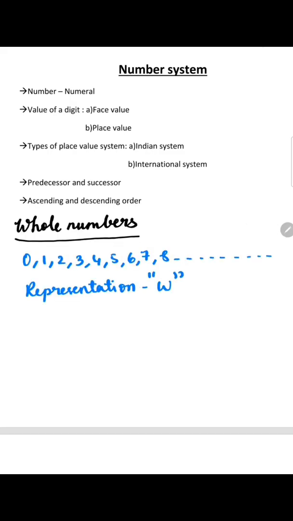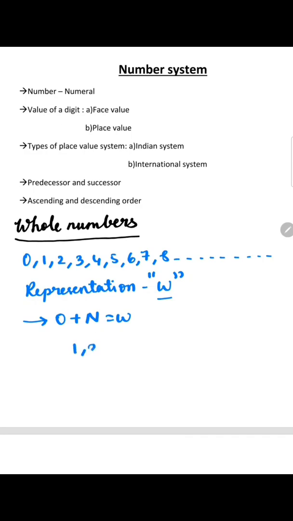So, the next topic that we are going to discuss is whole numbers. Whole numbers include 0, 1, 2, 3, 4, 5, 6, 7, 8 and so on till infinity. We will represent whole numbers by the capital letter W. One important point that you need to understand here is that when we add 0 to the natural numbers, we get whole numbers.